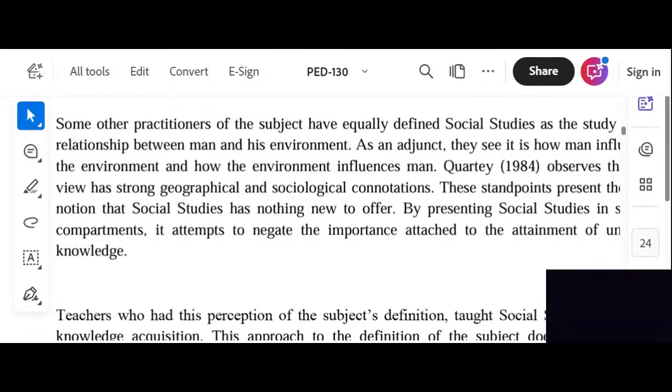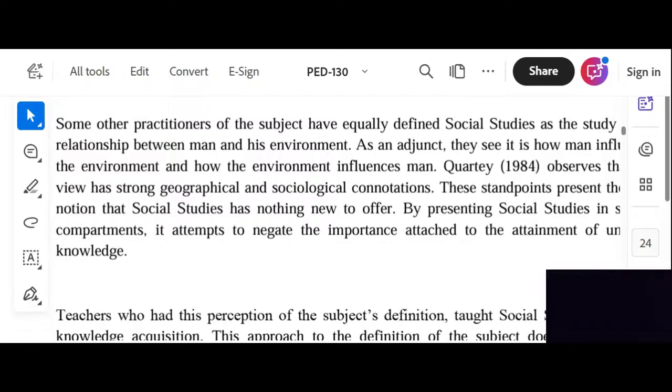So when Cote in 1984 studied their own definition, he found out that it is narrow in the sense that they are trying to confine the definition of social study to only something that is already in existence, not something that can evolve. Nothing new will be experienced in social study, and that course is not that. That subject is not that. So their definition is very limited.